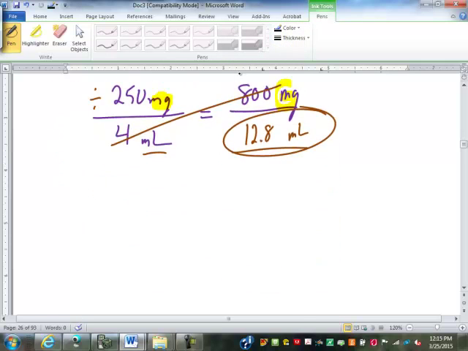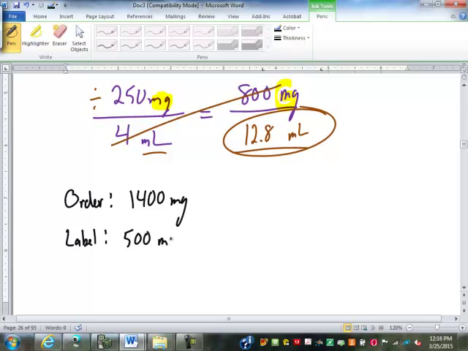Or, similar to that, let's say I have an order for 1,400 milligrams, and the label or the bottle says 500 milligram capsules.